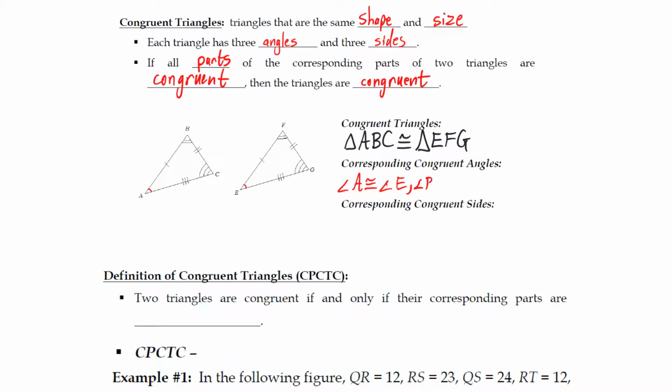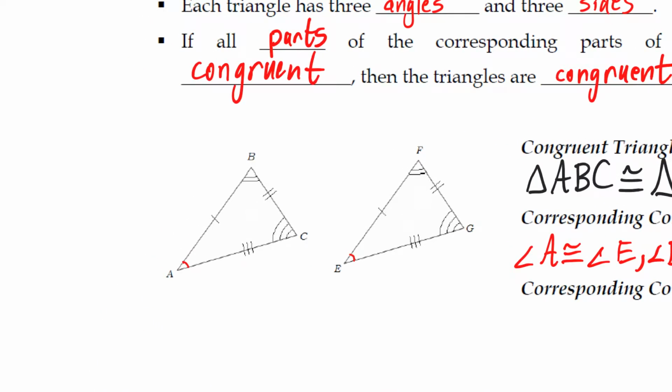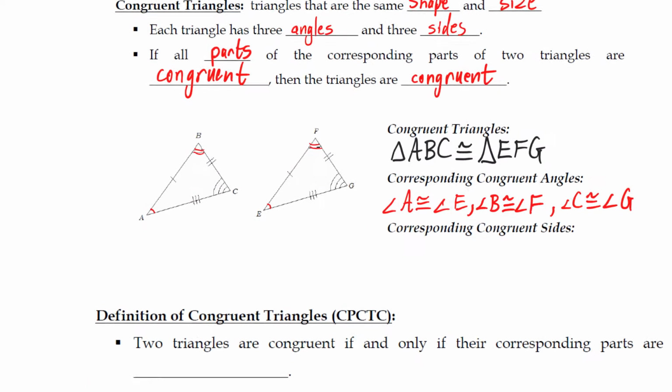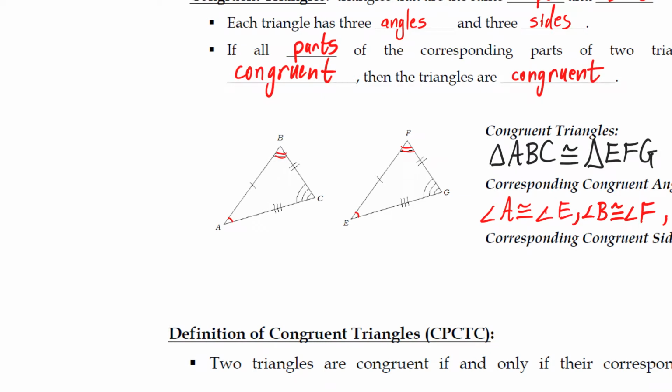So next, angle B is congruent to what angle? Angle F. How do I know B and F are congruent? You have 2 marks on each of those. And then angle C is congruent to what? Angle G. How do I know those angles are congruent? They both have 3 marks inside that angle. 1, 2, 3, 1, 2, 3.